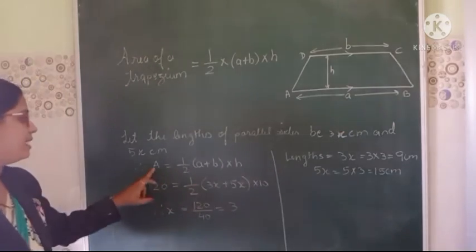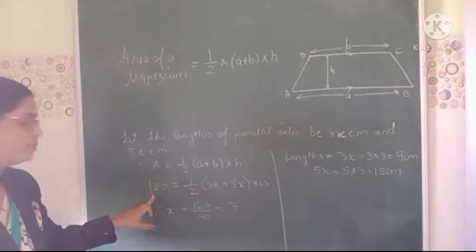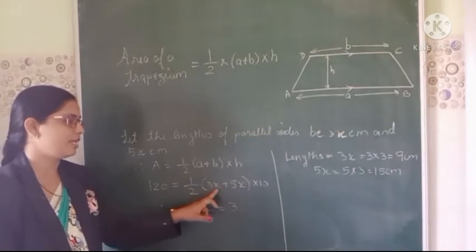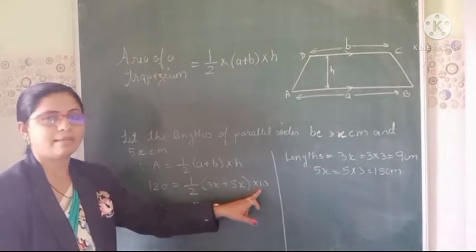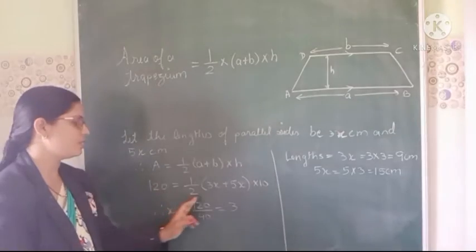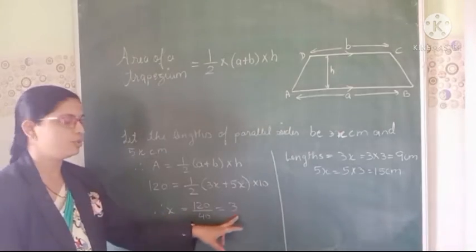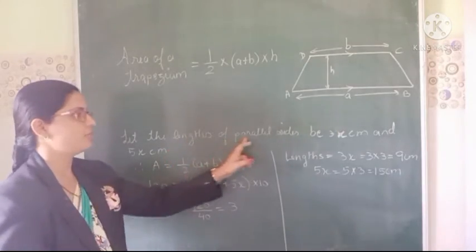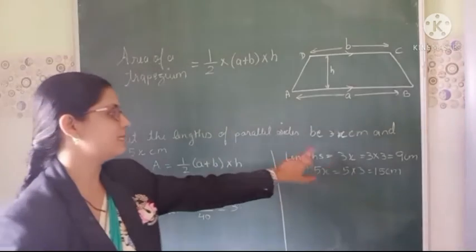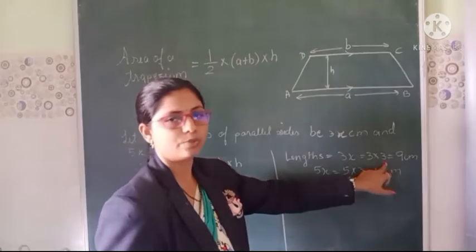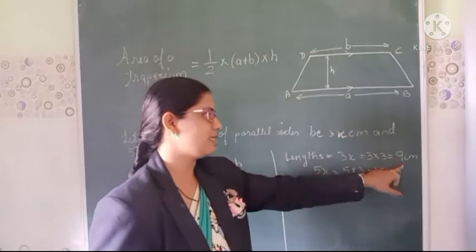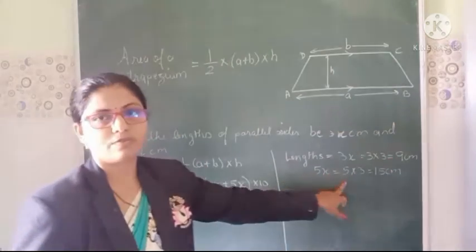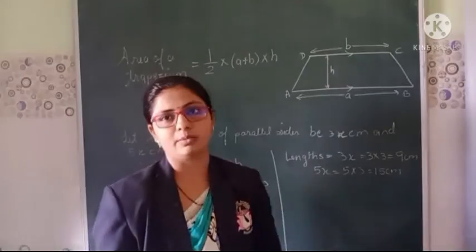So 120 area is given in the question. Then half into 3x plus 5x multiplied by 10. After you solve this, you will get x equals 3. Put the value of x in the lengths of the parallel sides. That is 3x equals 3 into 3 is 9 centimeter and 5x equals 5 into 3 is 15 centimeter.